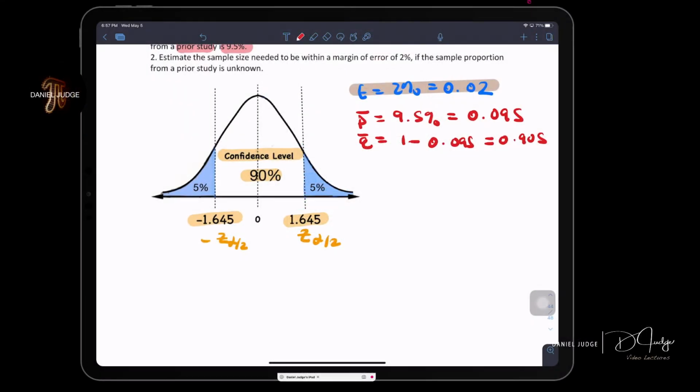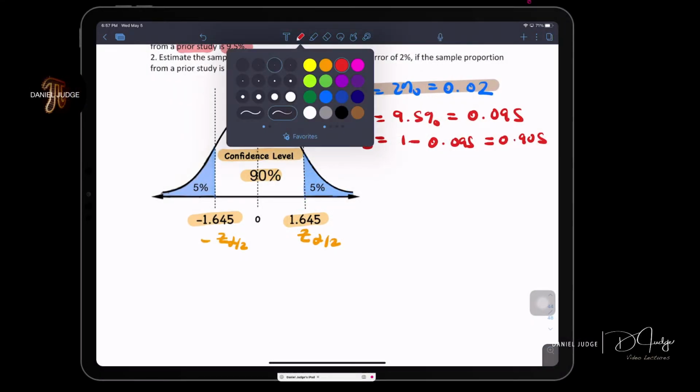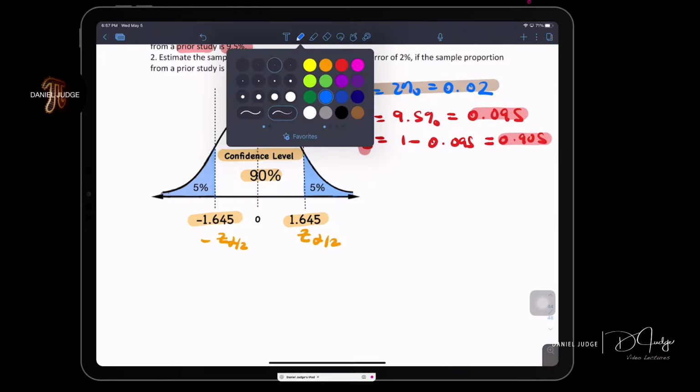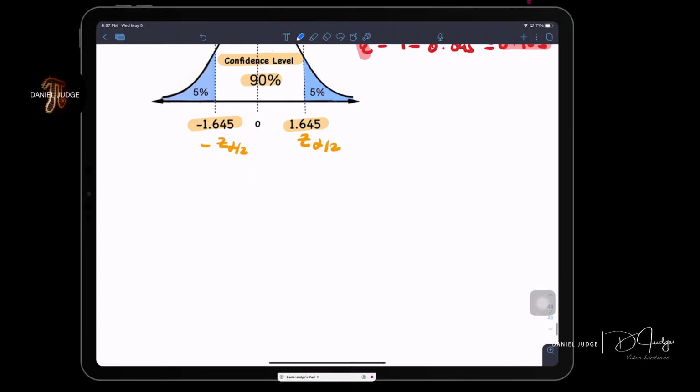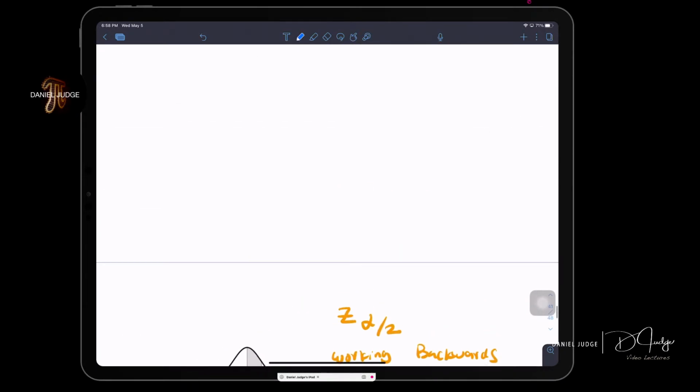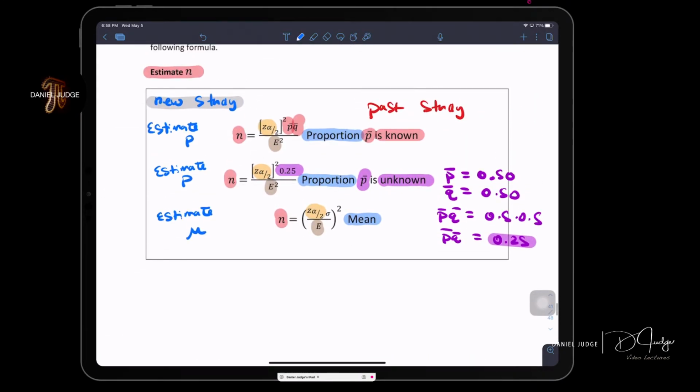So don't forget the margin of error formula. We know what p hat is, and we know the complement here. So this portion's known. Your formula is going to be formula number 1 here. So I'm going to get rid of all this colorful information because it's going to distract us.